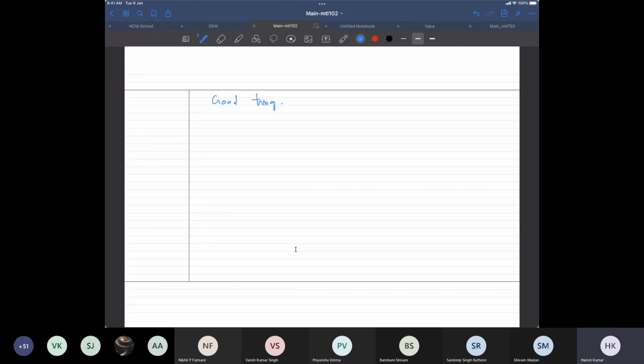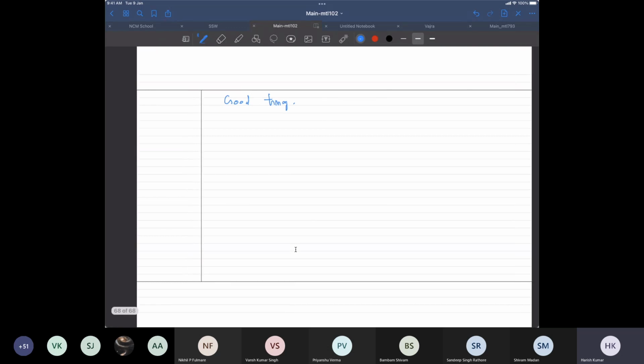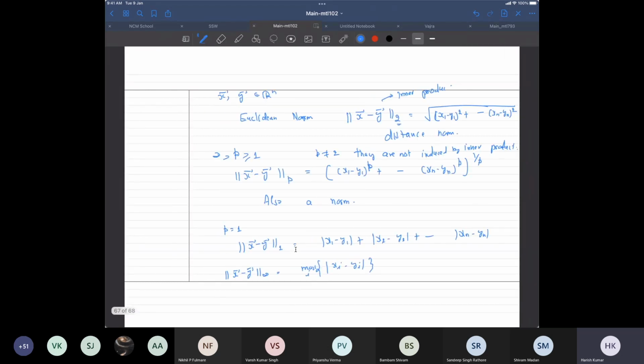For the calculus part, it won't make much difference, other than when you try to take the derivative of the norm. You can take the derivative of the two norm or p norm, but you cannot take the derivative of the one norm because of the absolute value; it is not differentiable. Other than this part, the theory is exactly the same.